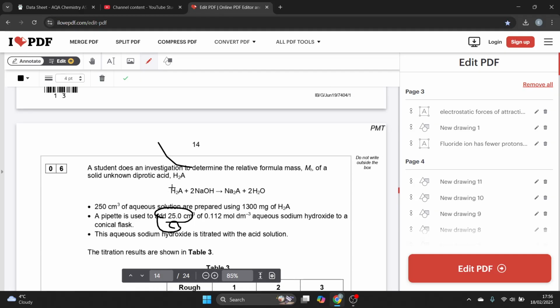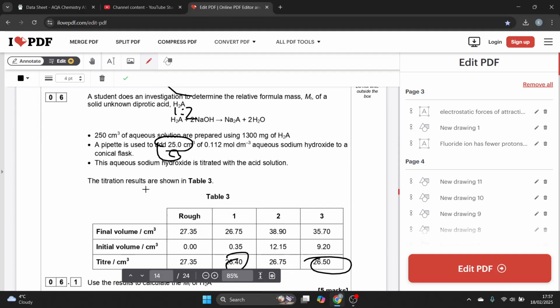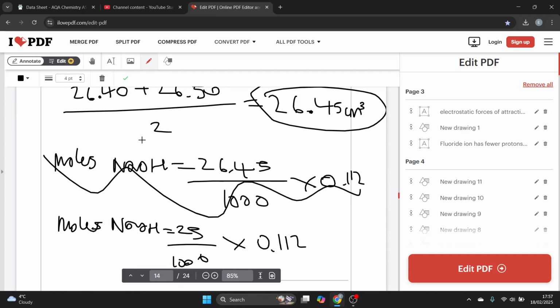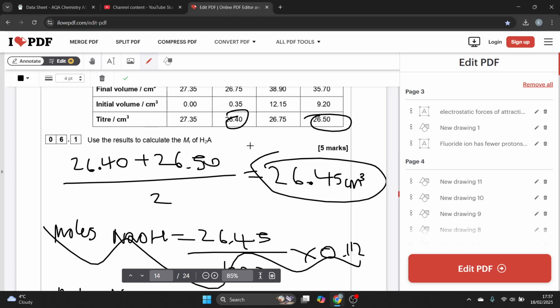The number of moles of acid, I divide that by 2 because of the 1 to 2 mole ratio. But then I want it in 250 centimeters cubed, and I know 250 centimeters cubed of aqueous solution was used to prepare this much of H2A. So I find the moles, 25 divided by 1000 times 0.112. In this question, I'm not directly using the titre right now, I'm going to use it later on.